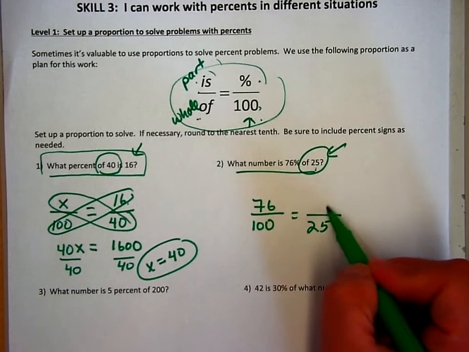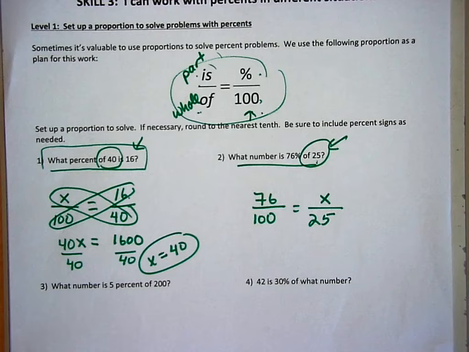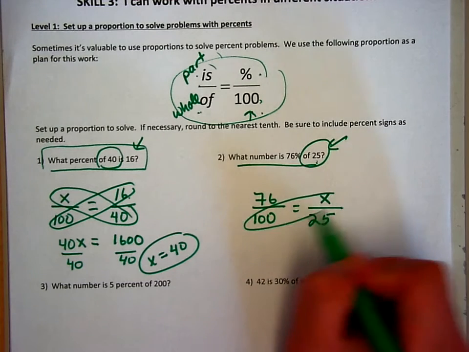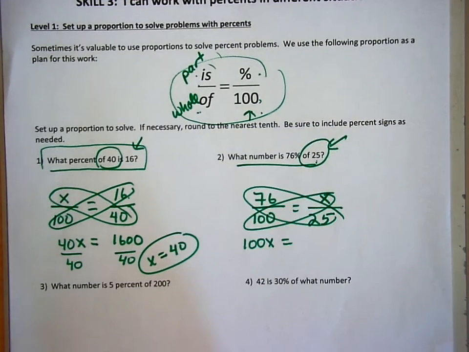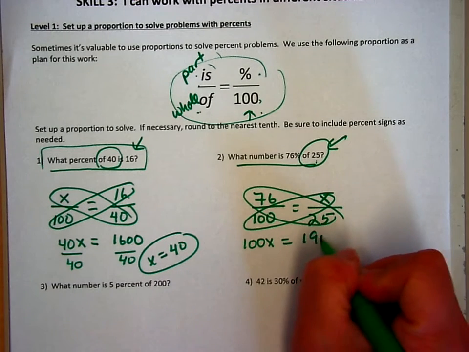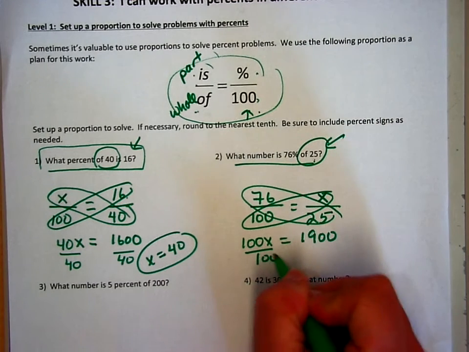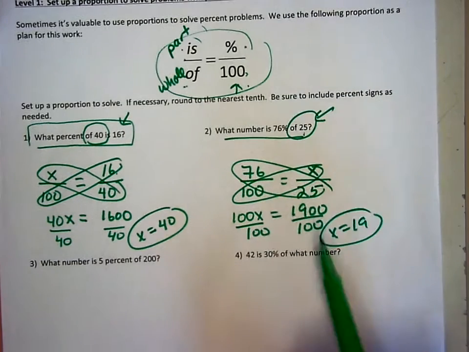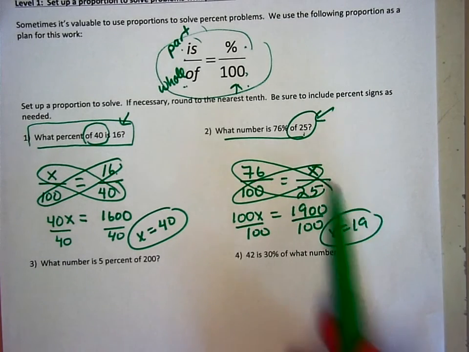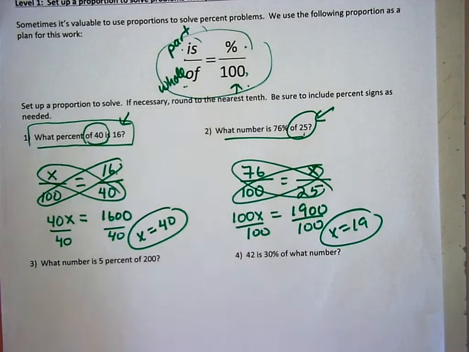I don't know what that portion is, so that's my x on the top. Cross multiply, 100x equals 25 times 76 will get you 1900. Divide by the 100, so x is 19. So 76% of 25 is really 19, and that makes sense because it should be smaller than the whole piece.